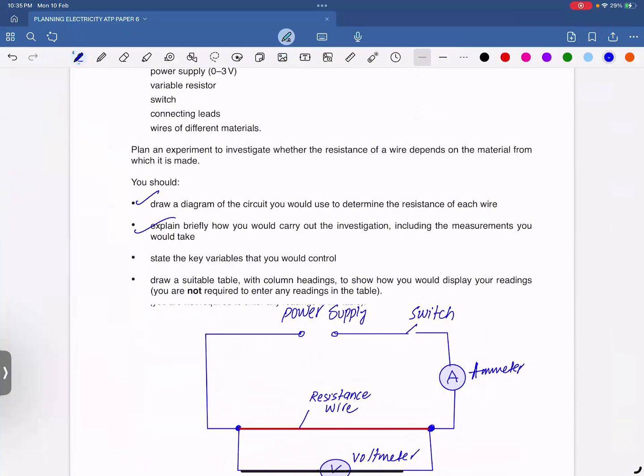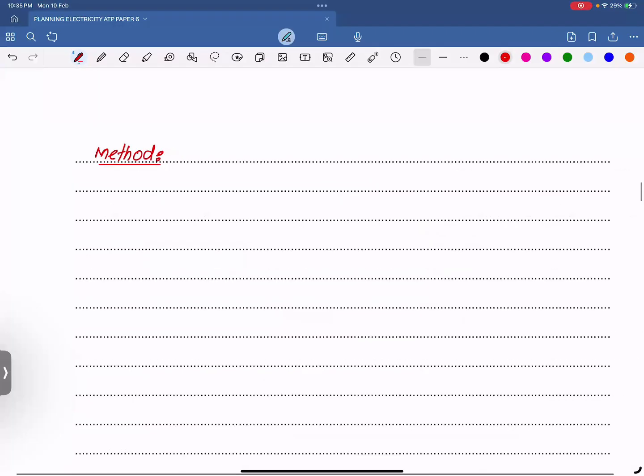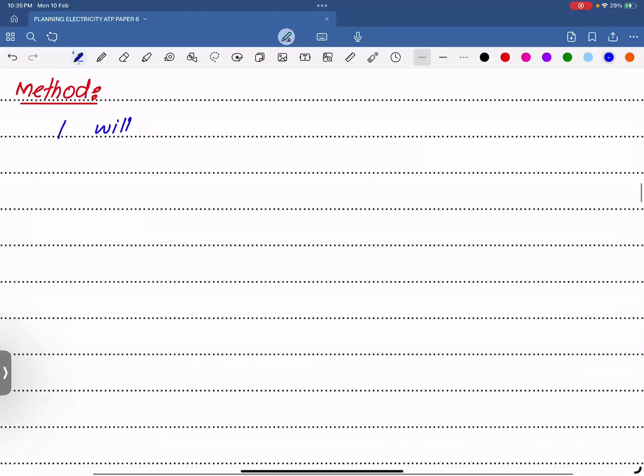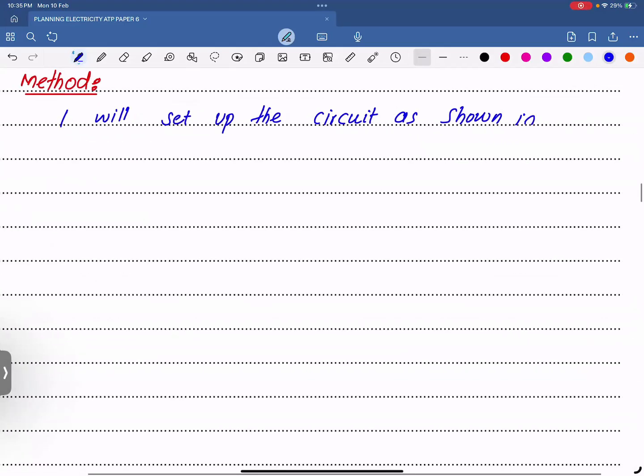After the circuit diagram, let's see what's the next point. Briefly explain. Whenever you are briefly explaining, you have to include the measurements in the question. So you write a tab called method, or you can label this as procedure. You will say, I will set up the circuit as shown in the diagram. This point is just to start the question.